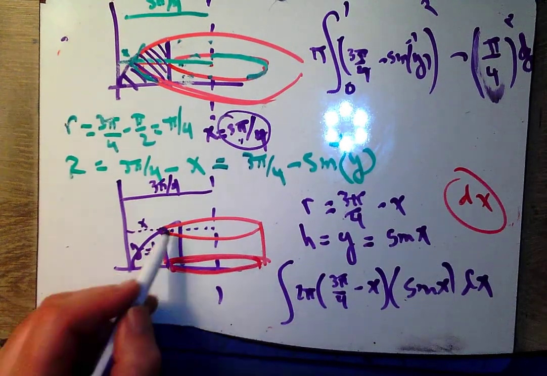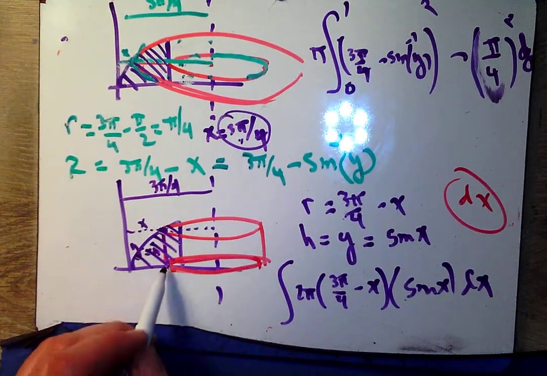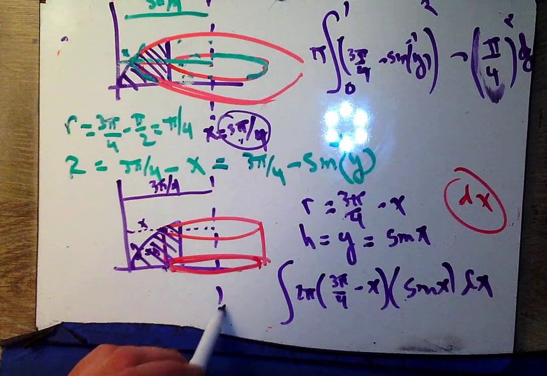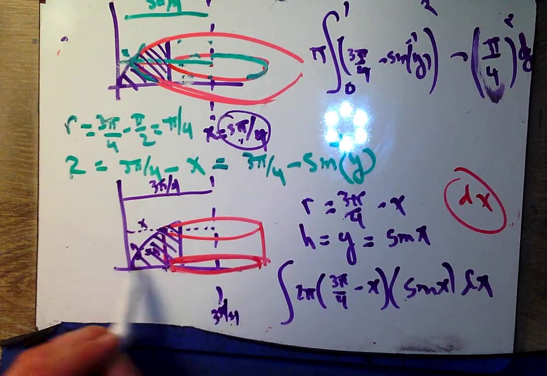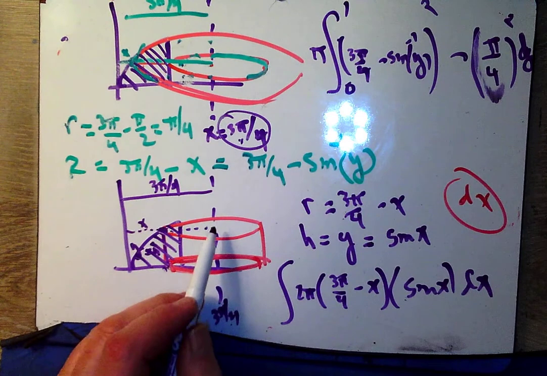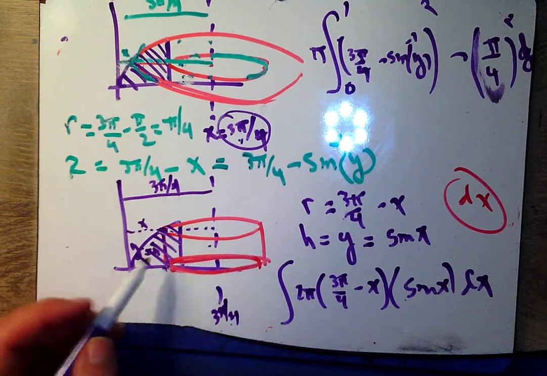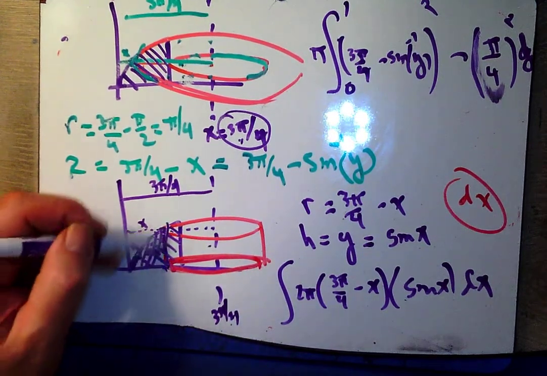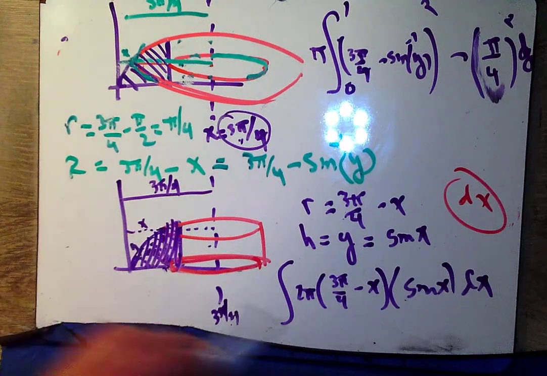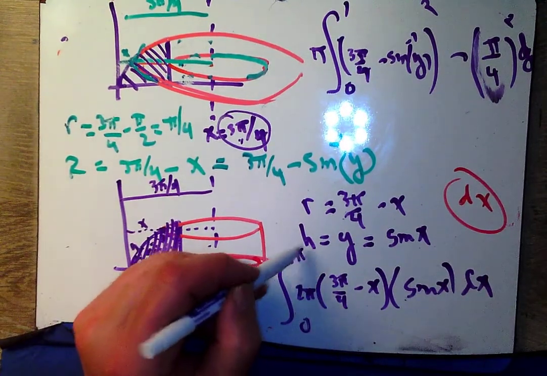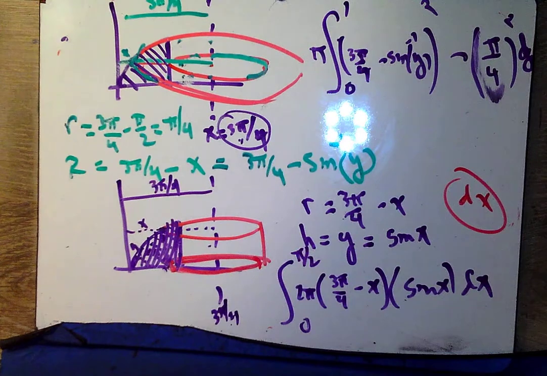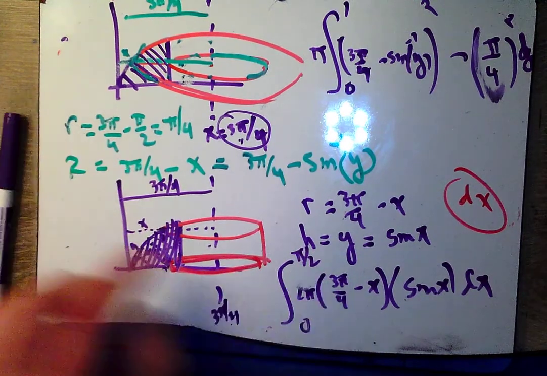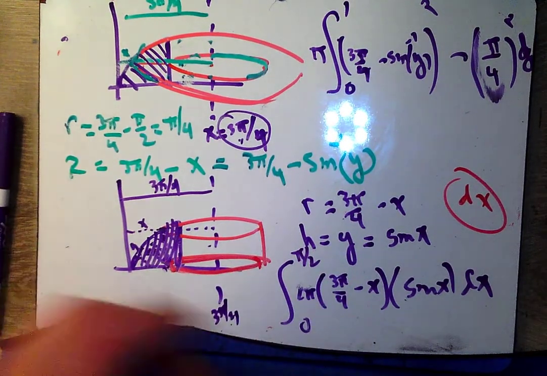And again, we're integrating this region. We are not integrating out to 3 pi over 4. Yes, we're rotating around that, but our integrated region stops at pi over 2. So this is just 0 to pi over 2. Okay? Pay attention to that. That's a place where students often make mistakes.